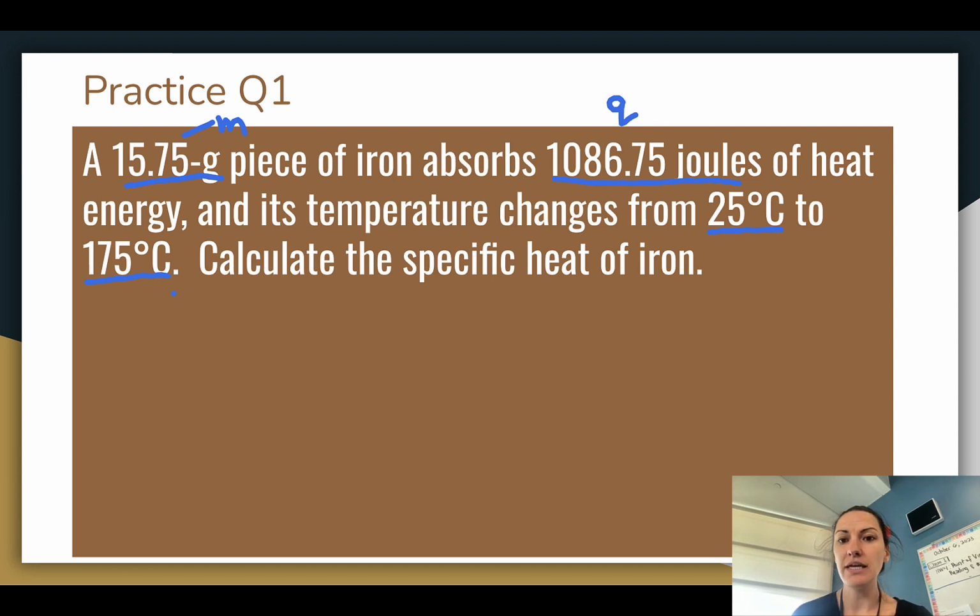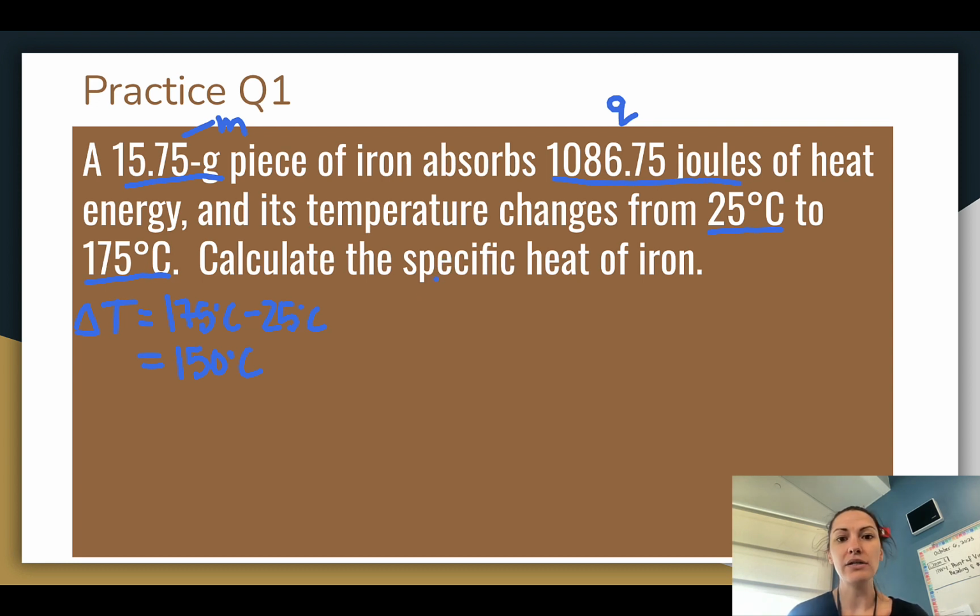Calculate the specific heat of iron. The very first thing I want to do is find my change in temperature, 175 degrees Celsius minus 25 degrees Celsius. When I do that subtraction, my change in temperature is 150 degrees Celsius.